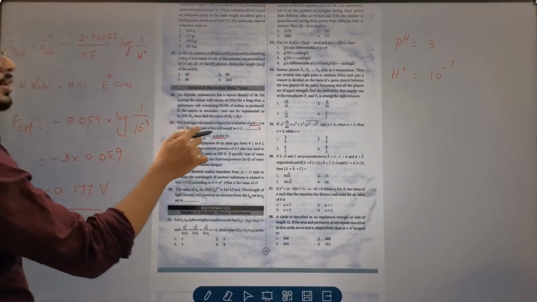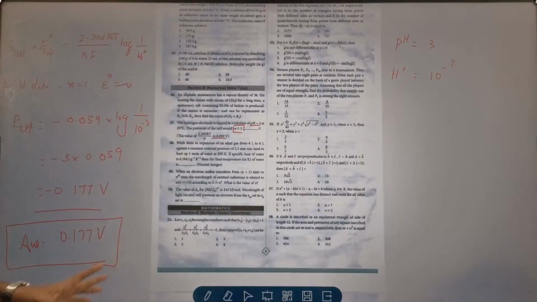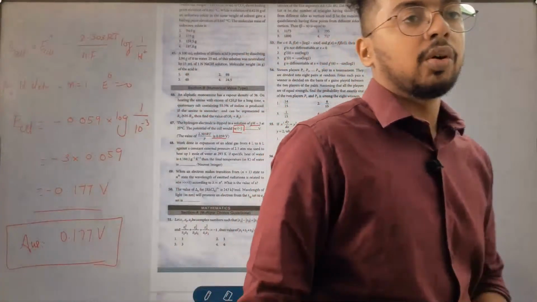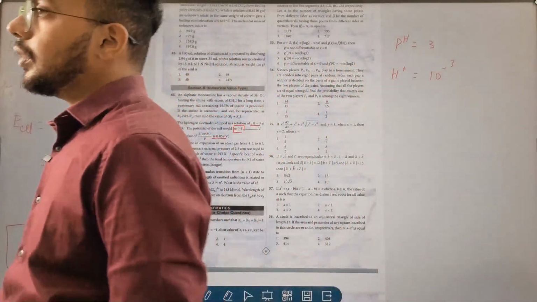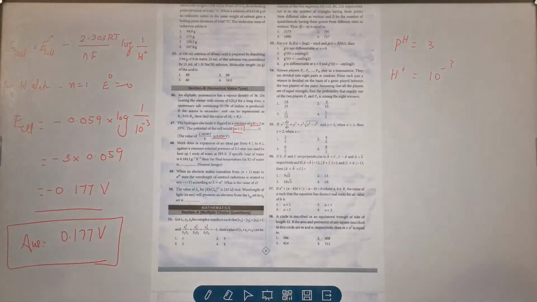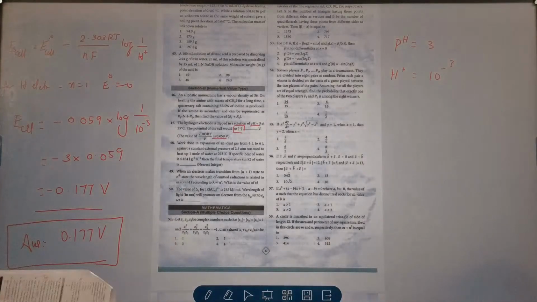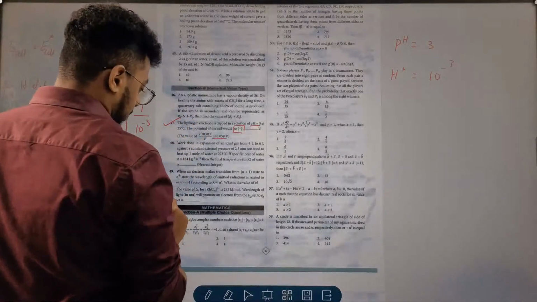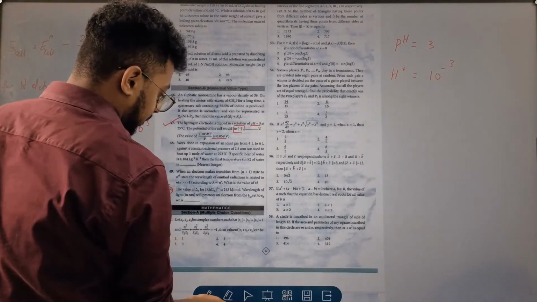The negative sign is already given in the question, so the answer is 0.177 volt. A simple numerical question, just applying the formula and some concept about the hydrogen electrode. N is equal to 1, E0 cell is equal to 0. We'll solve one more question, the 50th question, so that we can wind up.